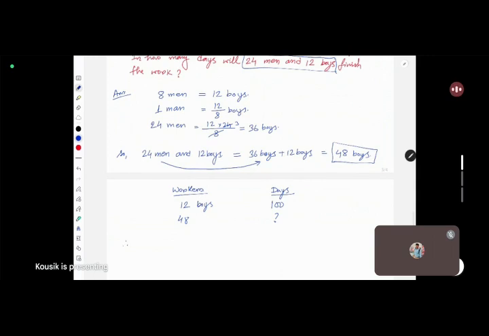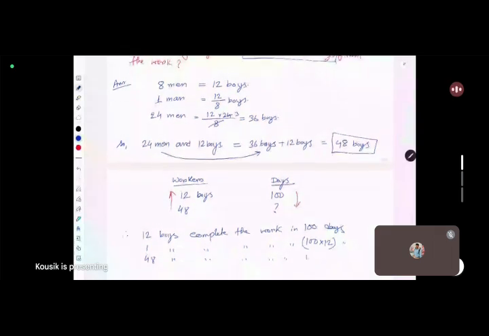Okay, so 12 boys complete the work in 100 days. So there it is also in opposite relation. So one boy completes the work in 100 into 12 days, and 48 boys complete the work in 100 into 12 by 48.